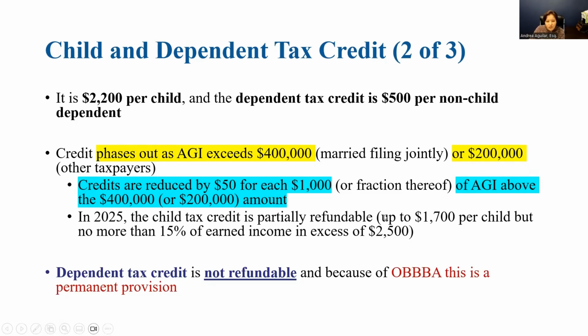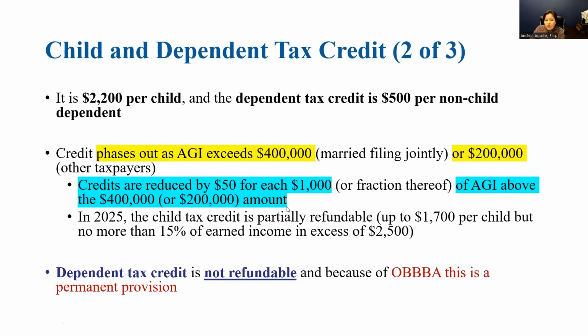So in 2025, the child tax credit is partially refundable up to $1,700 per child, but no more than 15% of earned income in excess of $2,500. Another important thing to remember is that the dependent tax credit, the $500, is a non-refundable amount.